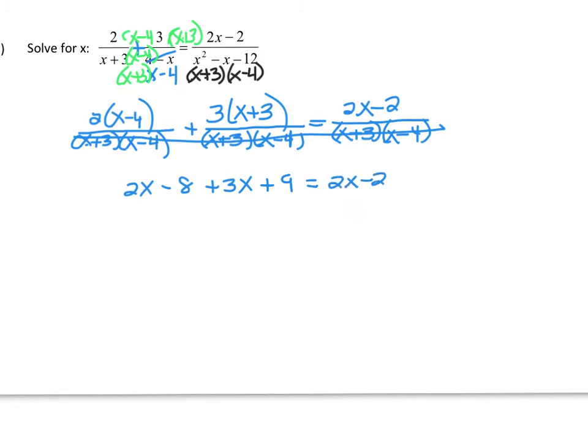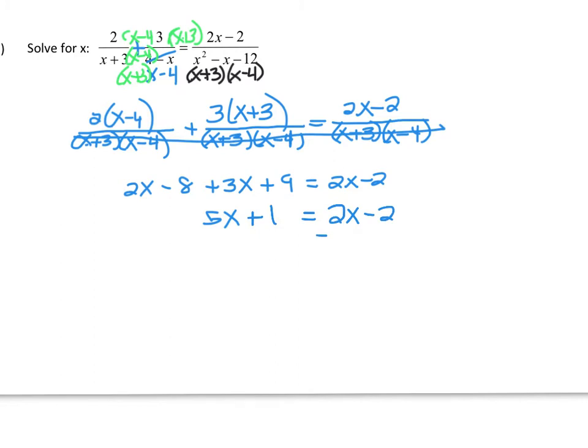All right, so now we're just going to solve. On the left-hand side of the equation, let's combine our like terms. 2x plus 3x is 5x, and negative 8 plus 9 would be positive 1. Then we'll bring down the right-hand side of the equation. Since we just have x to the first power, with no exponents or anything, you're going to get all the x's to one side of the equation and the numbers to the other.